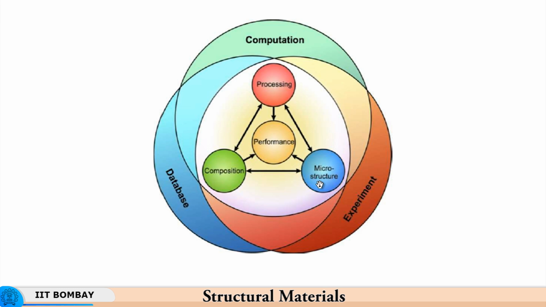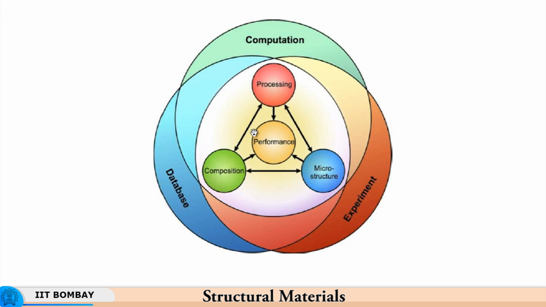By processing you can manipulate a material of a certain composition to have a certain microstructure. You can alter the microstructure by changing the composition or by processing. Similarly, you can change the processing route depending on composition and microstructure.